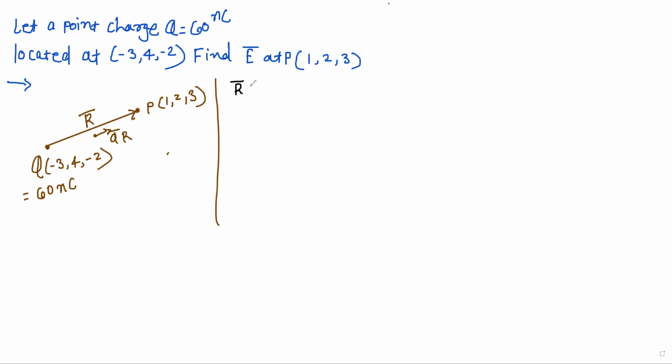R bar is equal to, can someone tell? 1 minus of -3, that is 1 plus 3, a bar x. Next, 2 minus 4 a bar y.